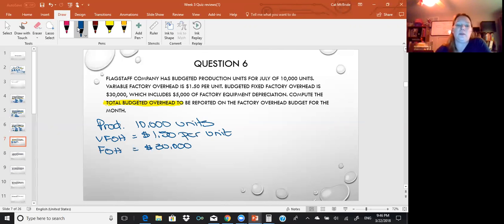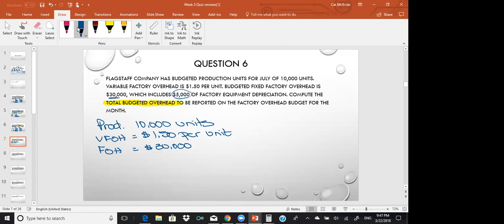First of all, this $30,000 fixed, that's part of overhead, right? We all agree with that. Do we need to do anything with this 5,000? It's in there in the 30,000. Is that appropriate? I thought equipment depreciation was not included. No, it is. It's part of overhead.